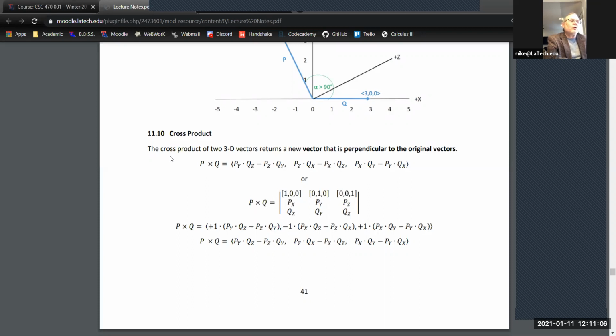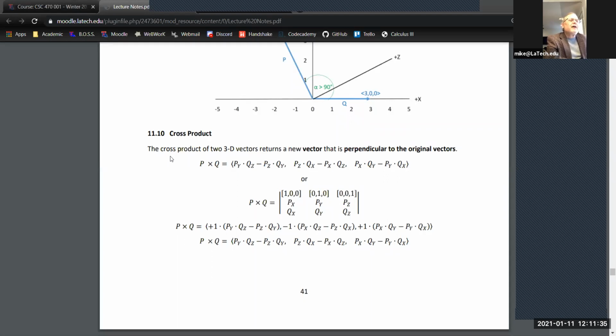That quantity doesn't change because it's times +1. And then the quantity PX times QZ minus PZ times QX, I multiplied by a -1. So that takes the sign and flips it. And then the last thing is PX times QY minus PY times QX. Again, the result of that is multiplied by +1, so that doesn't change anything.